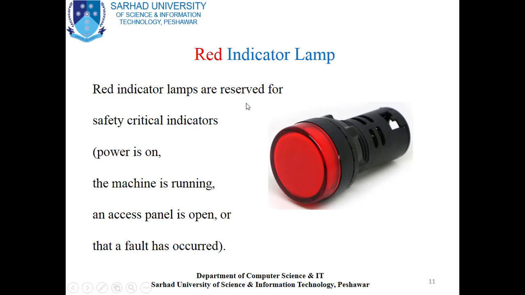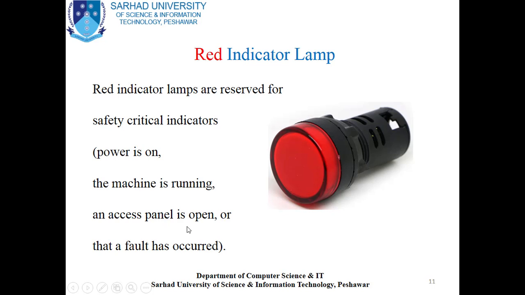For example, they can be used to show that power is on or the machine is in running condition. If the red indicator lamp glows, it means that the machine is running. If it glows, it means that power is on.